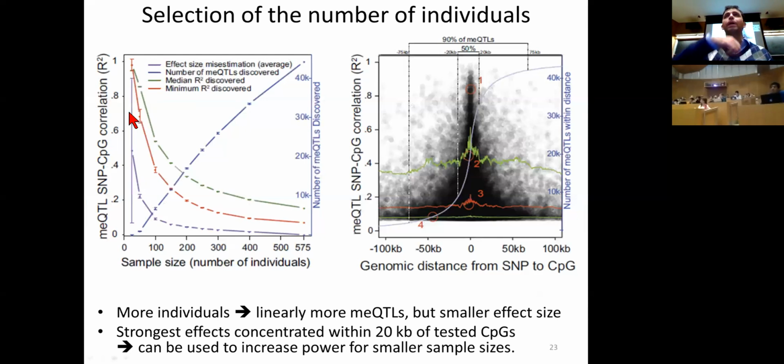If you sample in one population, your true effect size might be here, and then you're going to be randomly sampling higher or lower than that based on the particular sample that you're drawing from the underlying true distribution of the population. If I sample slightly higher, I'm more likely to pass whatever threshold I set.